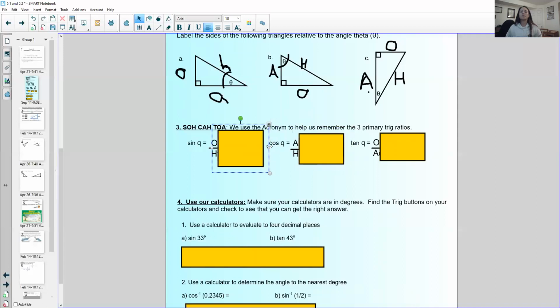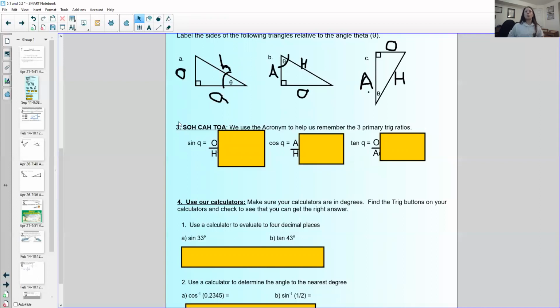Let me just close these in so you can see the trig function. S for sine: sine equals opposite over hypotenuse, SOH. Cos of the angle is adjacent over hypotenuse, CAH. And then tan is opposite over adjacent, TOA.